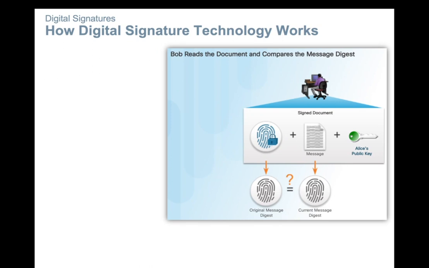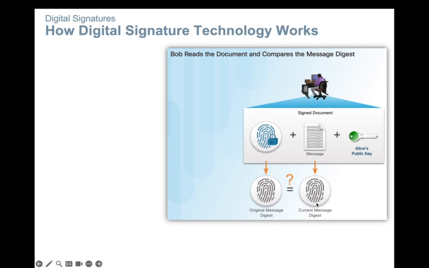But to make sure that the message came from Alice, he creates a message digest of the given message in this document, and he takes the encrypted message digest received from Alice and decrypts it using Alice's public key.